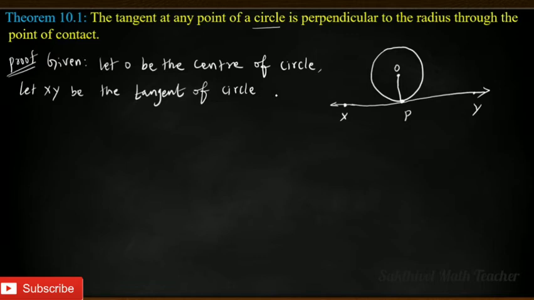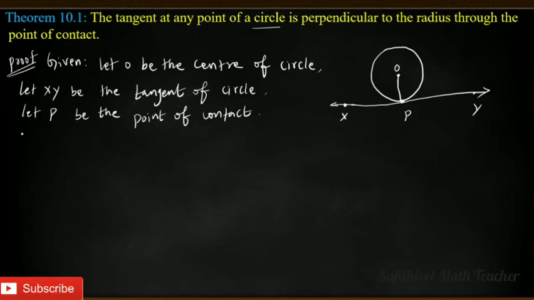So what are the things we have taken? That also I'm writing. Point of contact means the circle and the tangent intersecting point P. So let P be the point of contact.